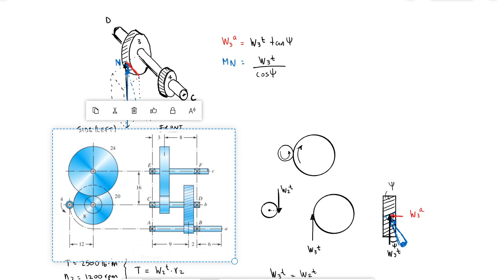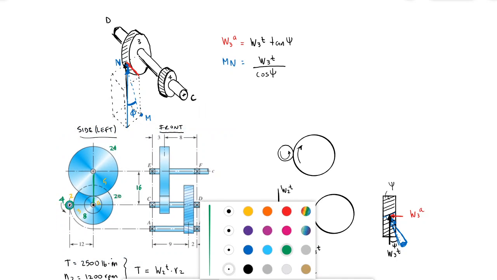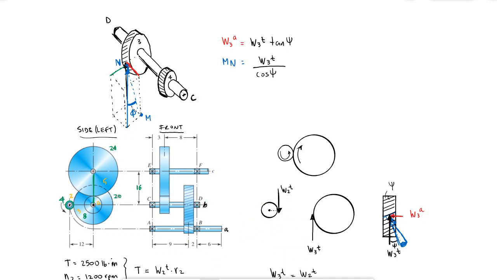And I also know that the radial force, I'm going to add here as green, coming into the gear in a radial direction, would be equal to mn times tangent of phi, right?